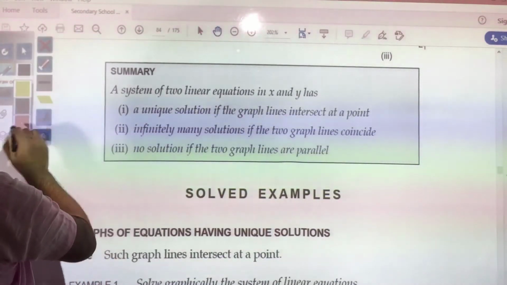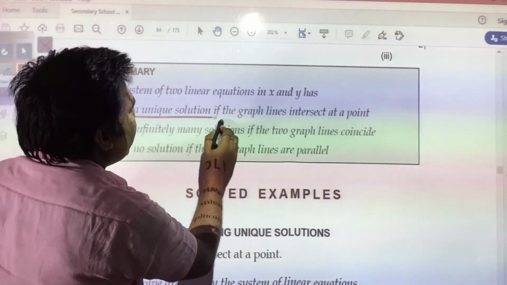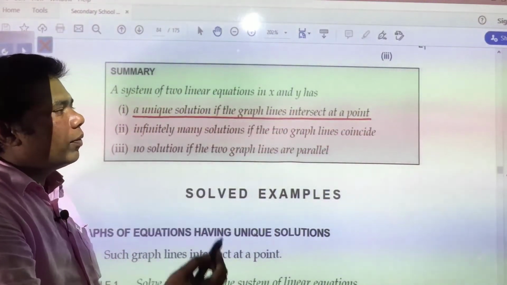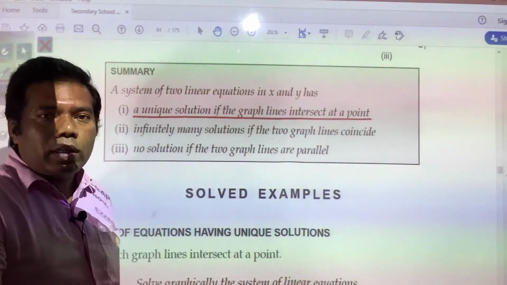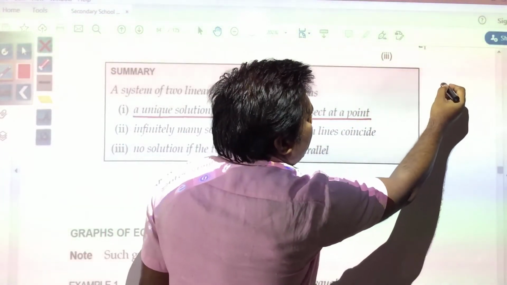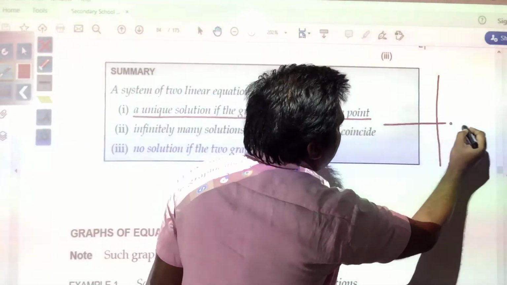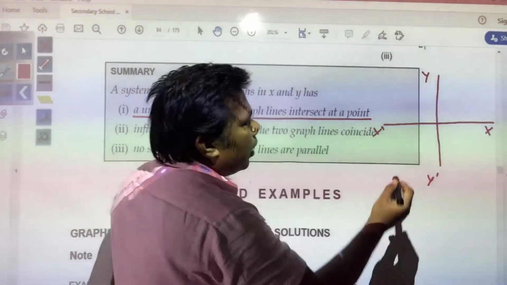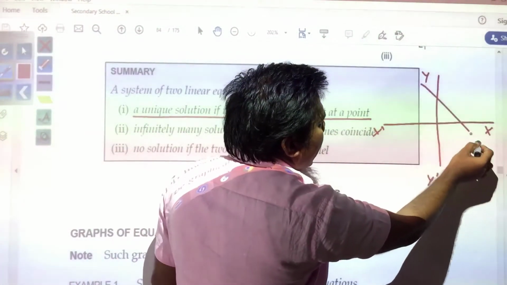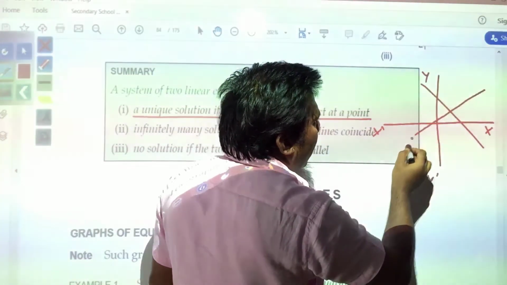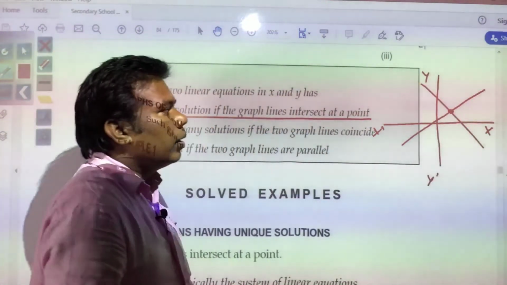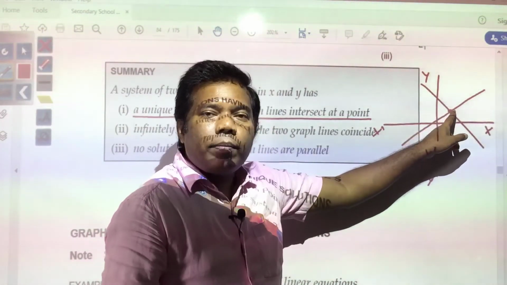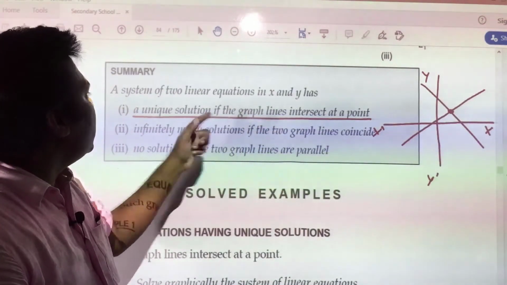A unique solution arises if the graph lines intersect at a point. If 2 equations have been given and you plot the graph and your lines are intersecting, suppose this is your y axis and this is your x axis, and the lines intersect at a certain point, then the value of x and the value of y give the unique solution.